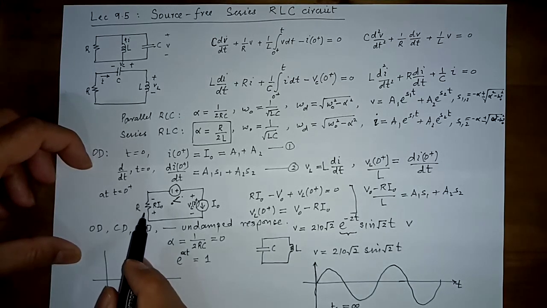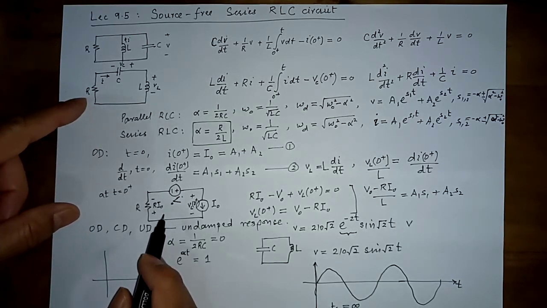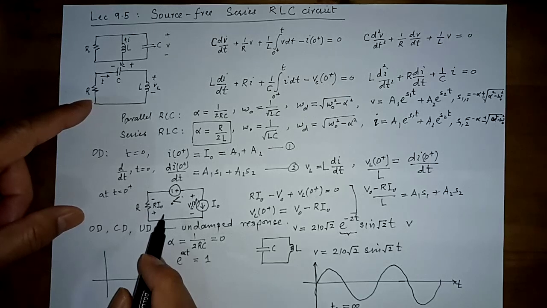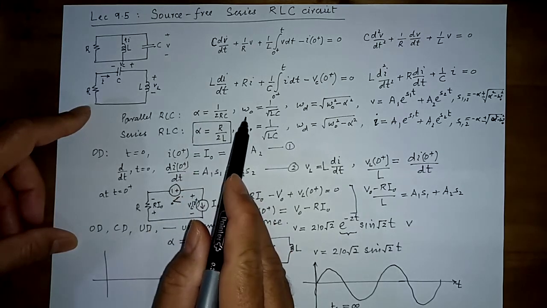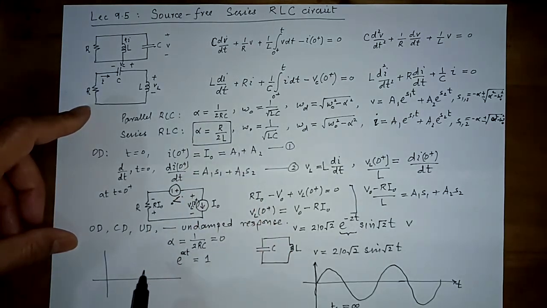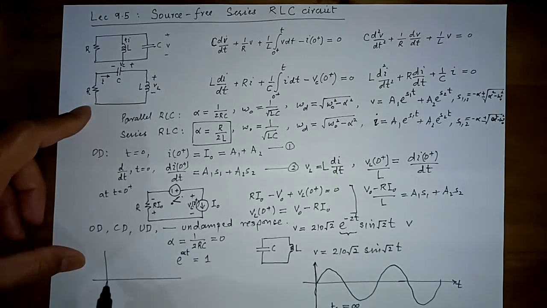Because of the component tolerances. So when you go to the market and buy a resistance of 1 kilo ohm, you are never sure whether it is 1 kilo ohm or not. So achieving alpha to be exactly equal to omega naught may not be very possible. So when you are trying to make a circuit critically damped, it may not become critically damped. It may be slightly overdamped or underdamped. But when you are trying to make circuits overdamped or underdamped, they may become critically damped.